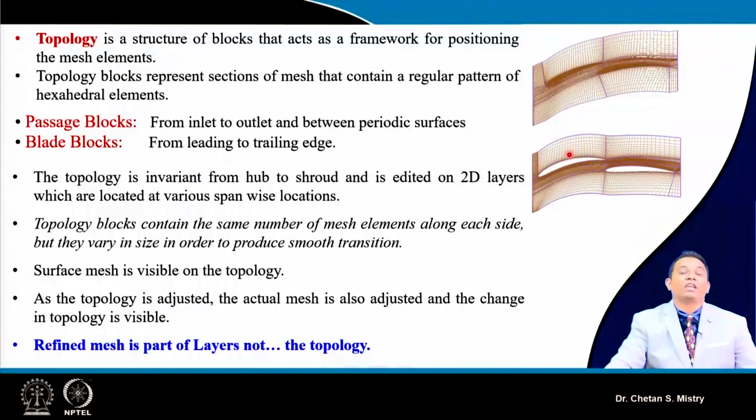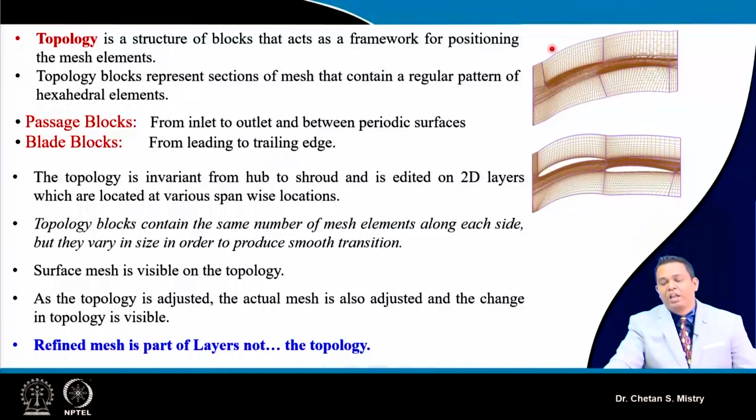With that understanding, even using other meshing tools you can make your blocks and analyze the flow physics. We need to be very careful: refinement of mesh is a part of the layer. We will do refinement or change the size of the elements within these blocks. It has nothing to do with the topology. Be careful about this part.